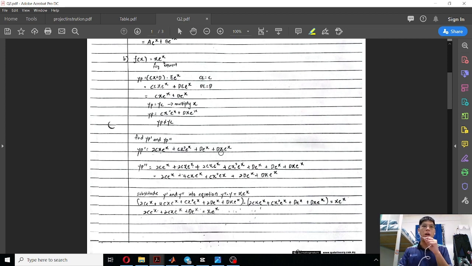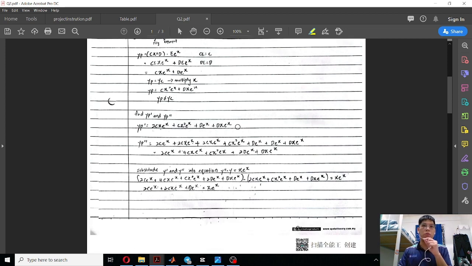After this, we need to find yp prime and yp double prime. So we differentiate yp, and we get yp prime, which is 2cx exponential power of x plus cx squared exponential power of x plus d exponential power of x plus dx exponential power of x.